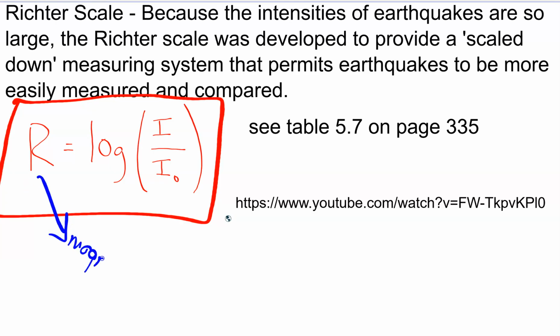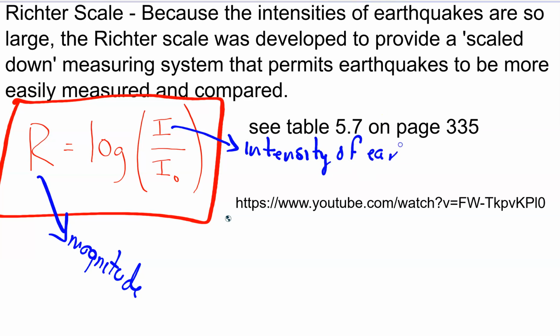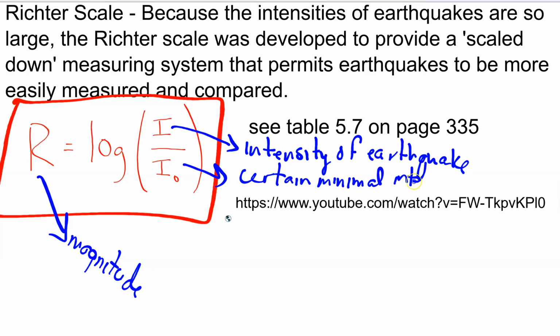This is the magnitude of the earthquake equals the log of I, the intensity of the earthquake, divided by I naught, which is a certain minimal intensity used for comparison.